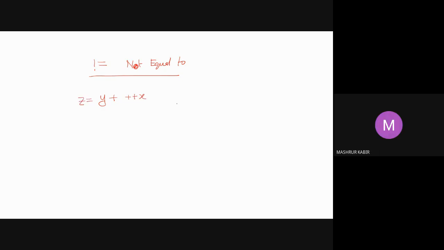Here we can clearly understand that this plus plus x is pre-increment, right? Yes. But how do we know if it's y plus plus x, or is it y plus plus x? Won't there usually be a bracket for these kinds of things?